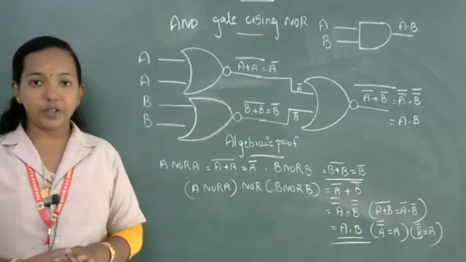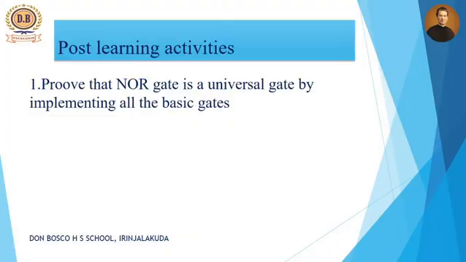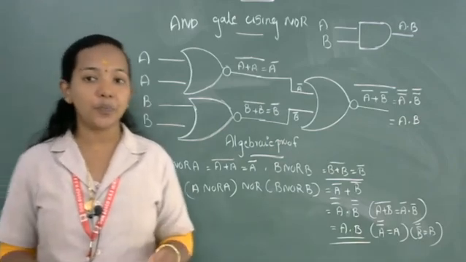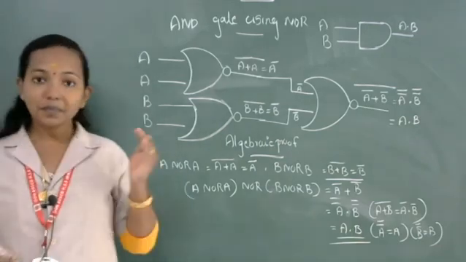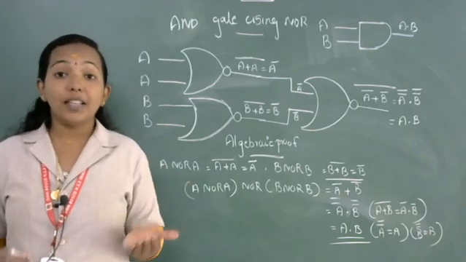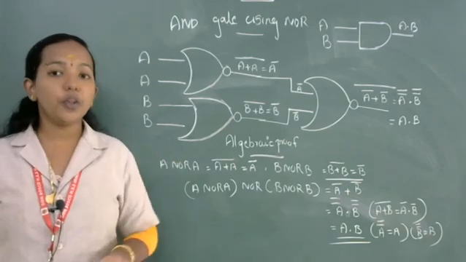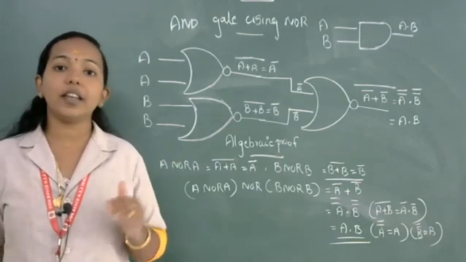The implementation steps. Then you want to write one question in your notebook, that is, prove that NOR gate is a universal gate by implementing all the basic gates. If you get a question like this, what do you want to write? First you want to write the basics. Prove that NOR gate is a universal gate. How can we prove it? Using NOR gate we can implement all the 3 basic gates.